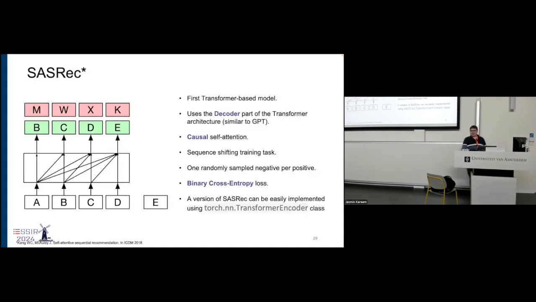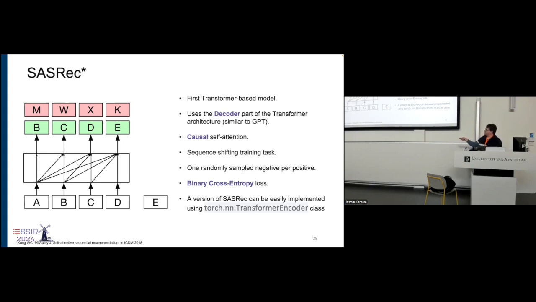A couple of examples, two of the most popular models. The first model is called SASRec. SASRec is very similar to GPT. It is based on the transformer decoder, so it's half of the transformer that decodes the recommendation.